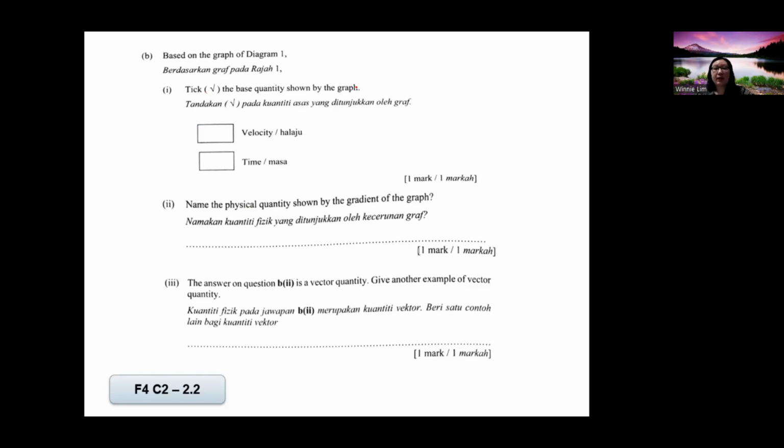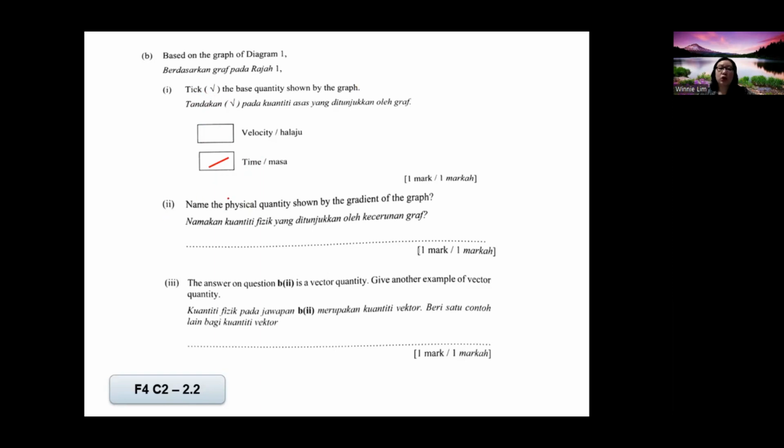The base quantity here is time. Other examples are length, temperature, current, amount of substance, and luminous intensity. All these are base quantities, but in this question, it is time.